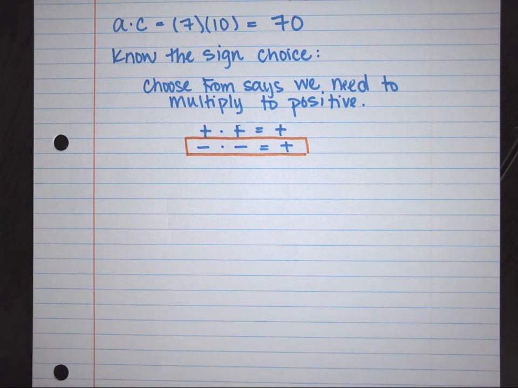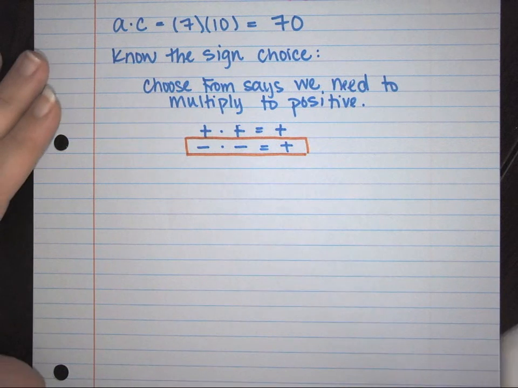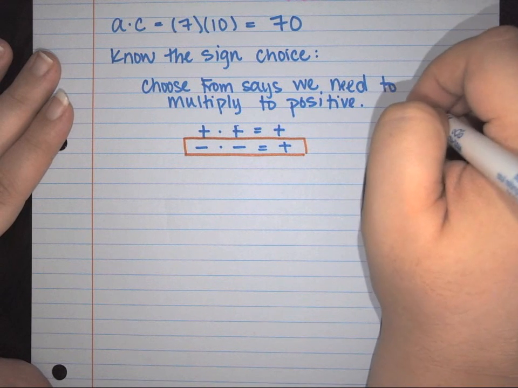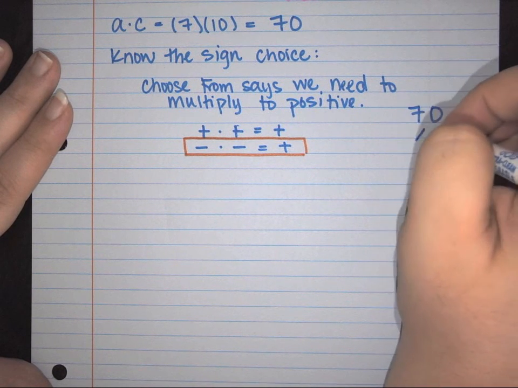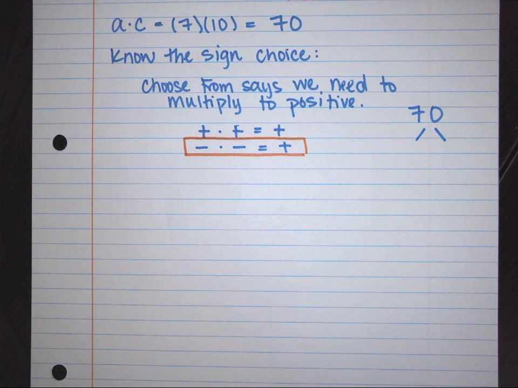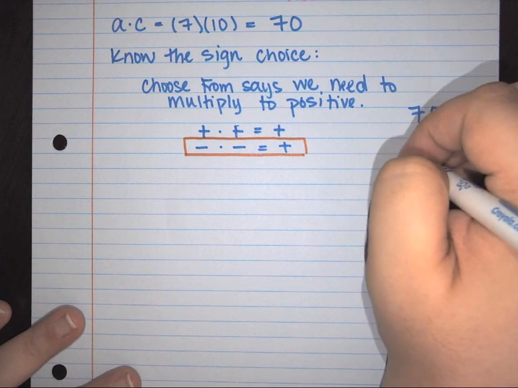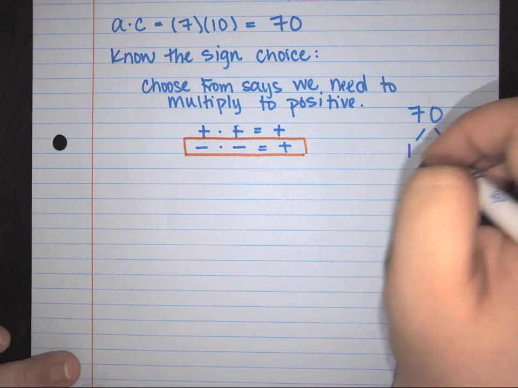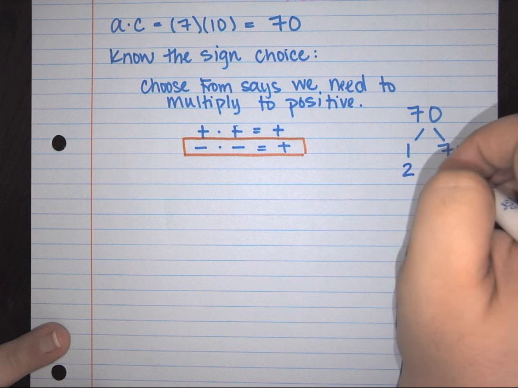So for here, I have to be able to find factors of 70 that are going to give me a negative 19, and both factors have to themselves be negative. So I'm going to look at my 70 here, and I'm going to break down its factors. So I have the factors 1 and 70. I then have 2 and 35.